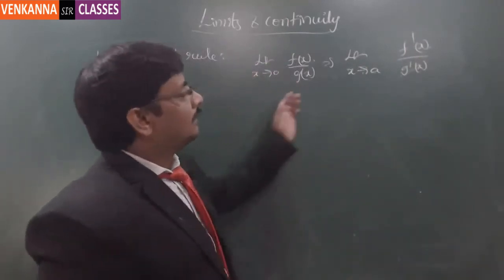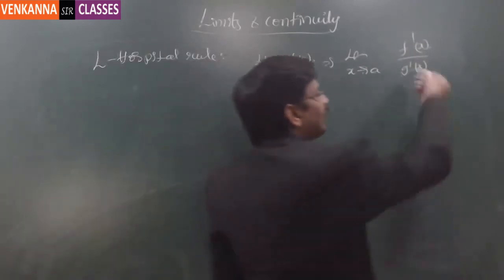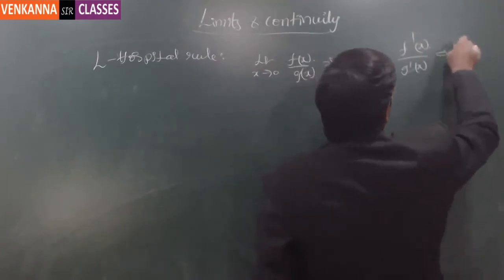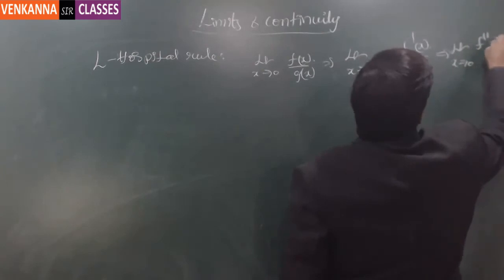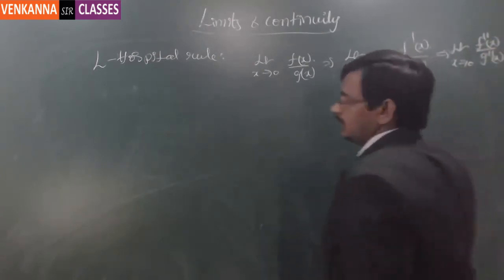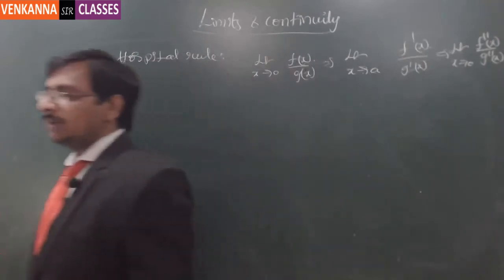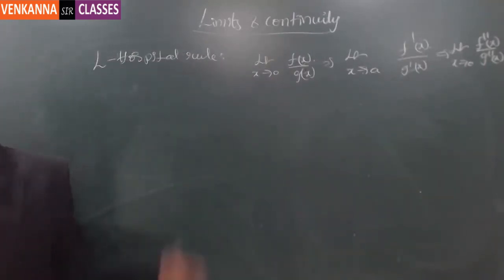And then the same thing, if it is again coming out to be an indeterminate form, you can again do it with the double derivative. This way you can keep on applying L'Hospital's rule until you get a finite value. So this is L'Hospital's rule.